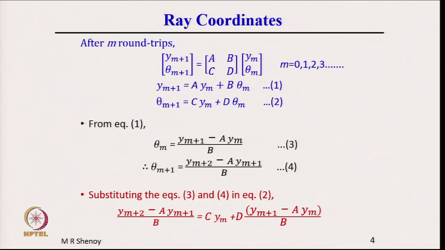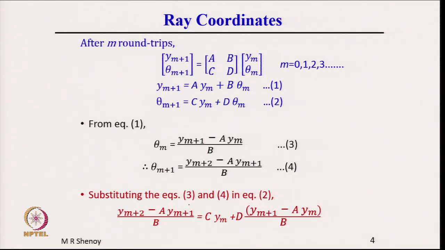From equation 1, theta_m is equal to (y_(m+1) minus A y_m) by B. If we upgrade this, replacing m by m plus 1, then theta_(m+1) from the same equation will be (y_(m+2) minus A y_(m+1)) by B. Substituting equations 3 and 4 in equation 2, note that theta is written in terms of the displacement y, so if we substitute for these two thetas, we will get the equation in terms of displacement only, and that is what we have done.